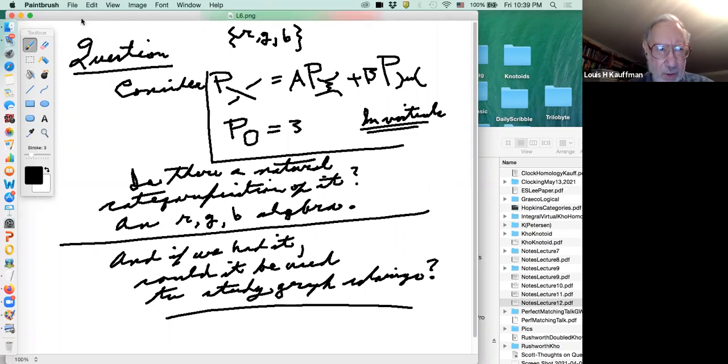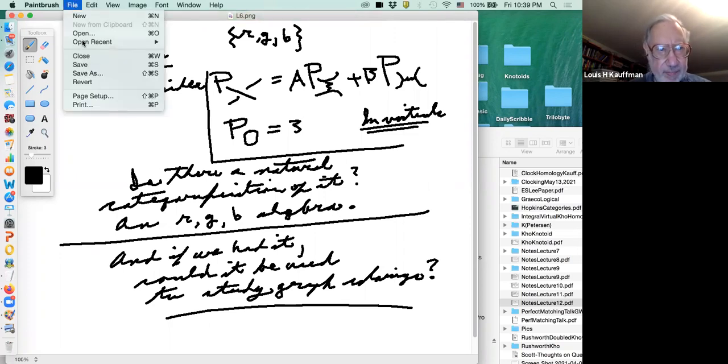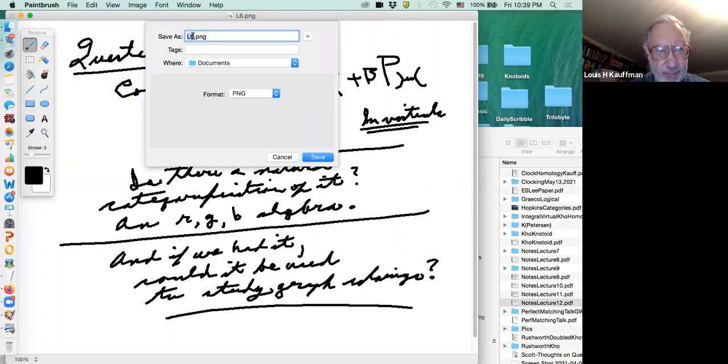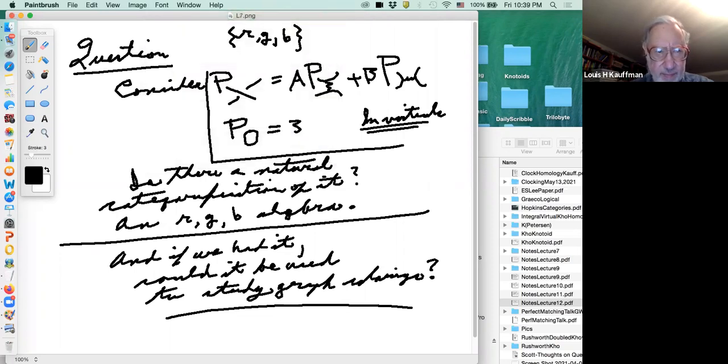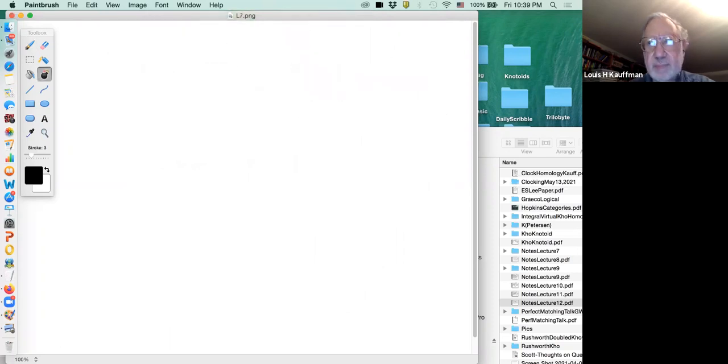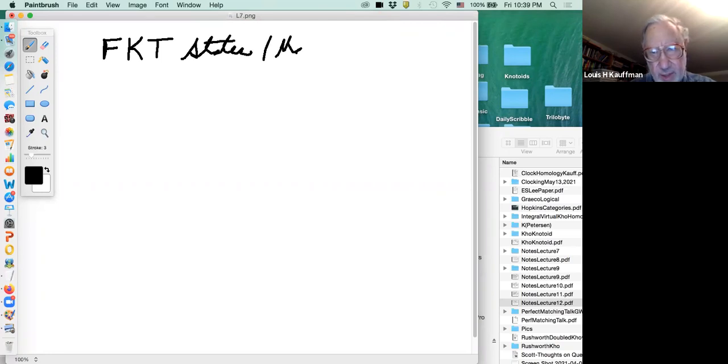Now, I want to go to another part of, let me save that. I want to go to another part of the discussion that we were having. These are the FKT formal knot theory states, or marker states, and we were talking about them and how they could be used for some generalizations.